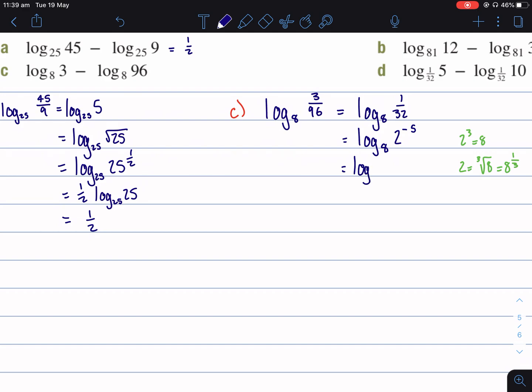So I'm going to take that minus 5 out the front now, just to avoid confusion: log base 8 of 2, negative 5 log base 8 of 8 to the third. Take that third out the front, I've got minus 5 times a third times log base 8 of 8, which is just 1. So I've got minus 5 times a third, which is minus 5 thirds.